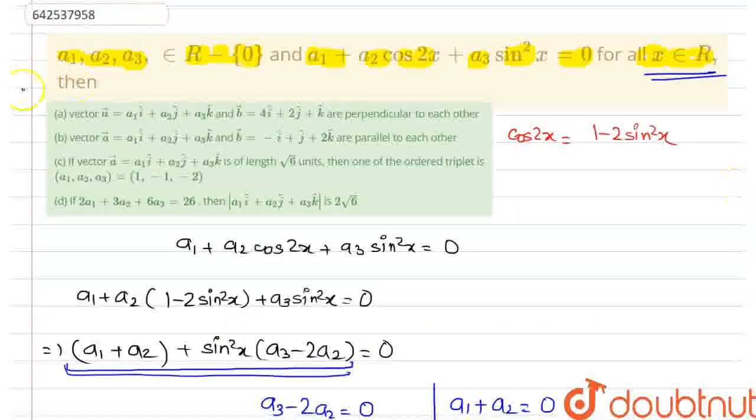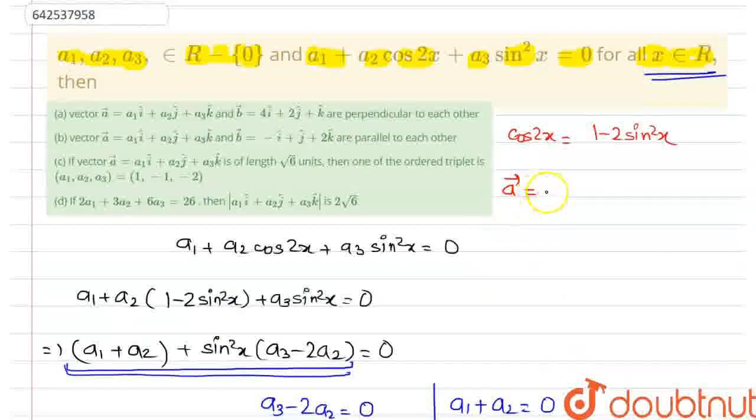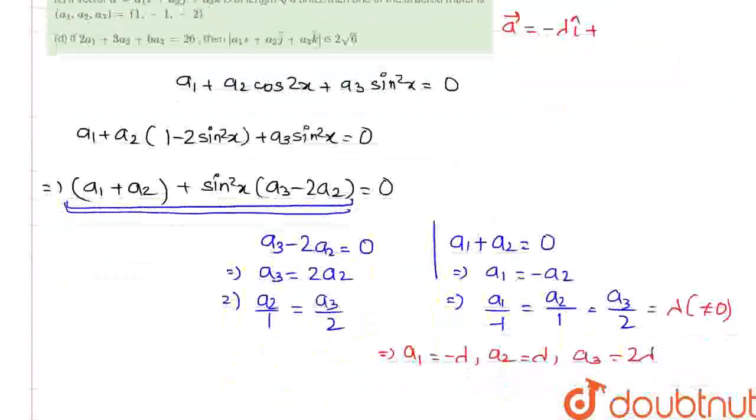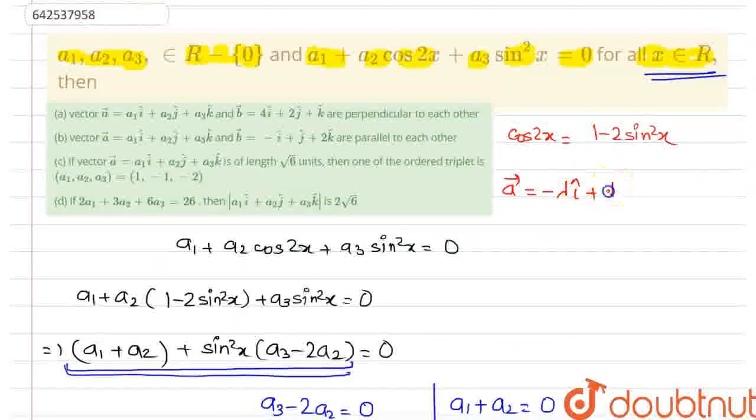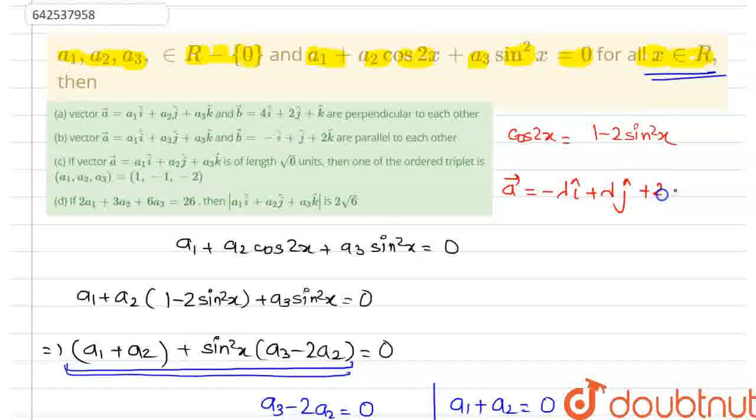So we can write vector A as minus lambda i cap plus lambda j cap plus 2 lambda k cap. We can simply take lambda common, so this will be equal to lambda times minus i cap plus j cap plus 2k cap.